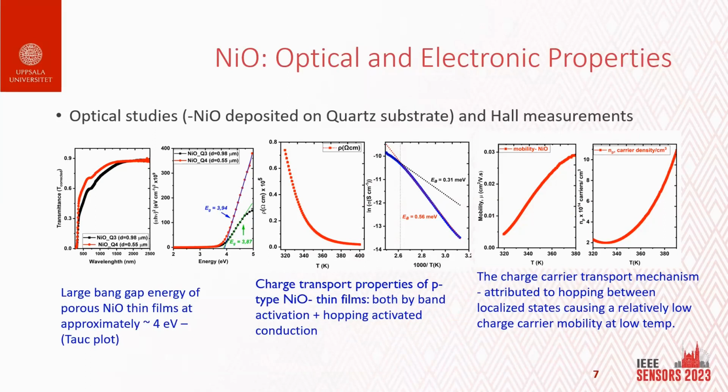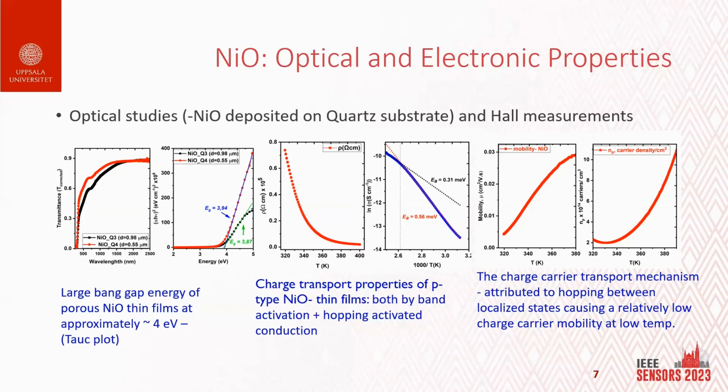As you can see, there are now nickel oxide films from three different depositions with different thicknesses, 0.5 micrometers and 0.1 micrometers. Depending on the thickness of the nickel oxide, we see different band gap energies.